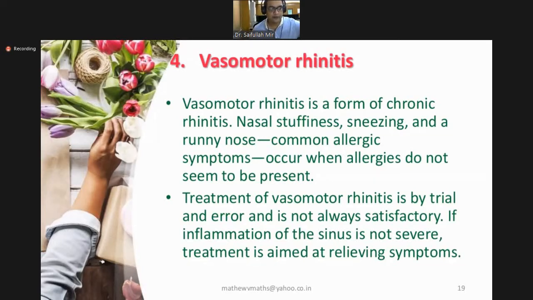When your parasympathetic system is overfiring, then you get rhinorrhea or rhinitis. You have various agents to curb this, such as sodium cromoglycate, which can be used.